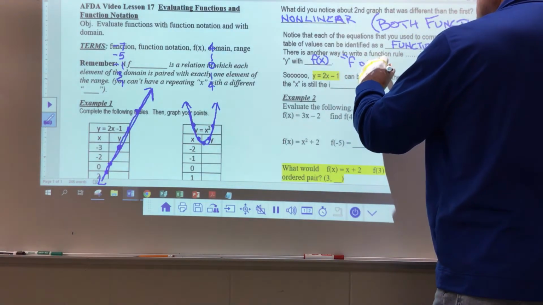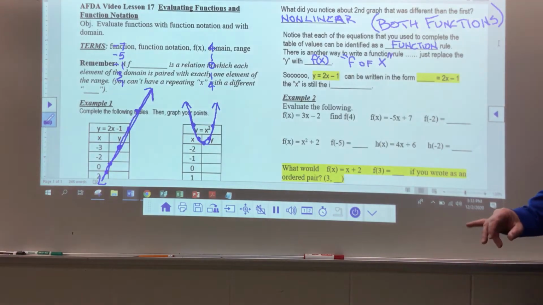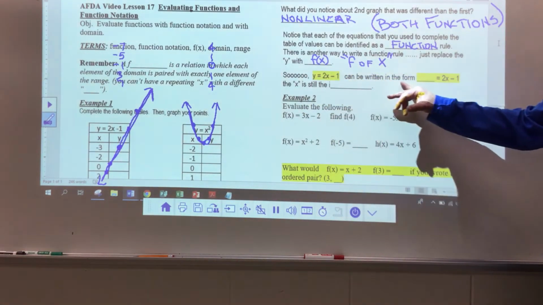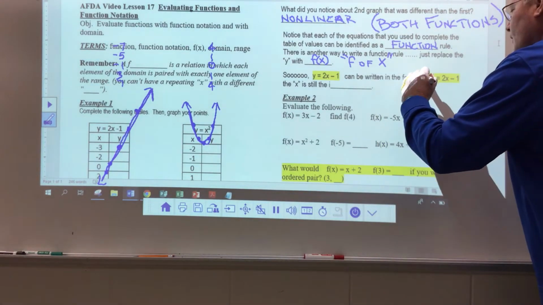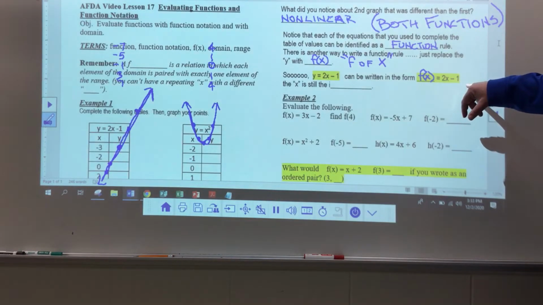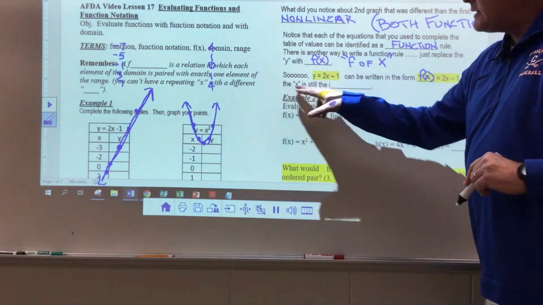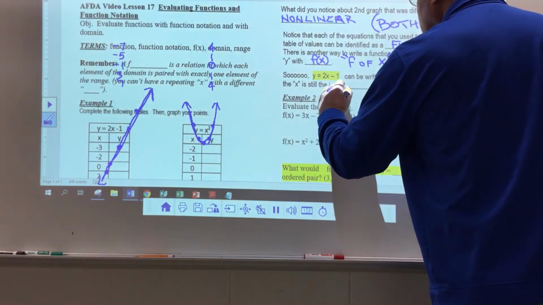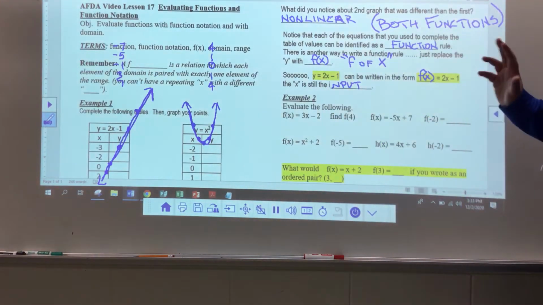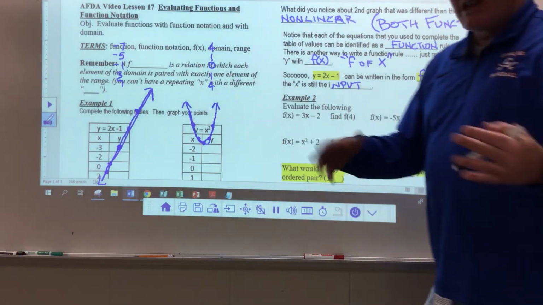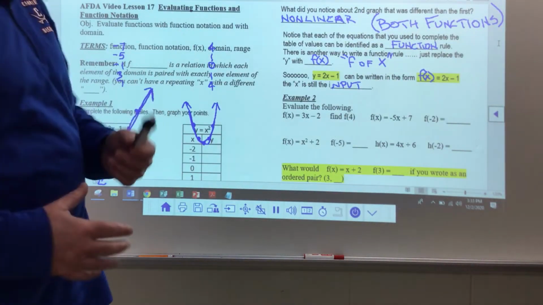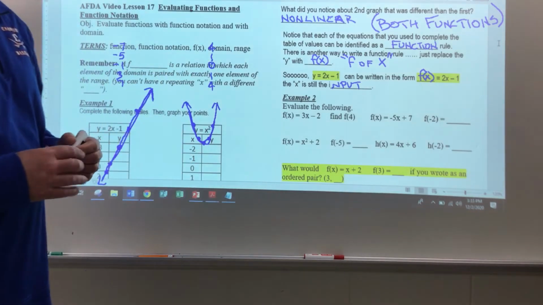So y equals 2x minus 1 can be written in the form f of x equals 2x minus 1. Again, the x is still the input, but f of x is going to be your output. So basically what we're saying is y and f of x can be the same thing. So let's figure out why this f of x situation exists.